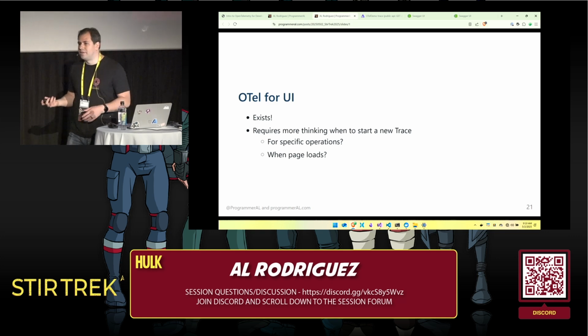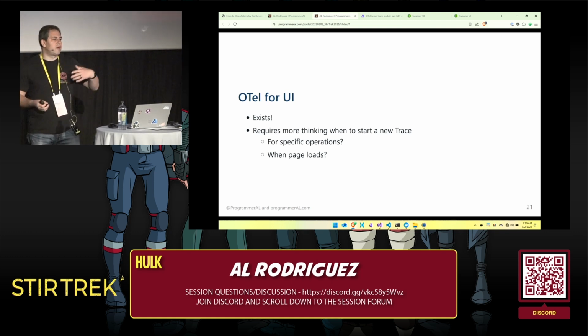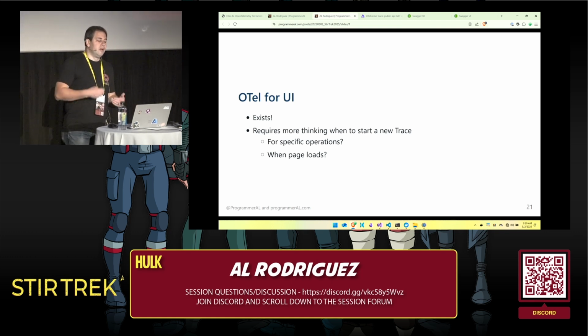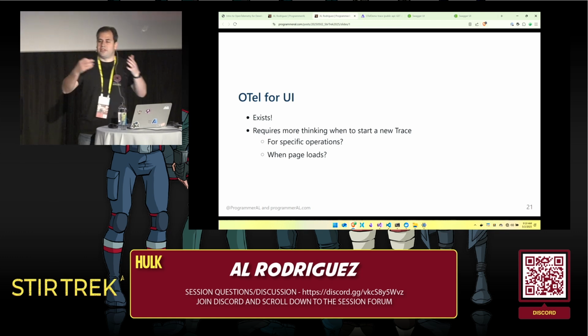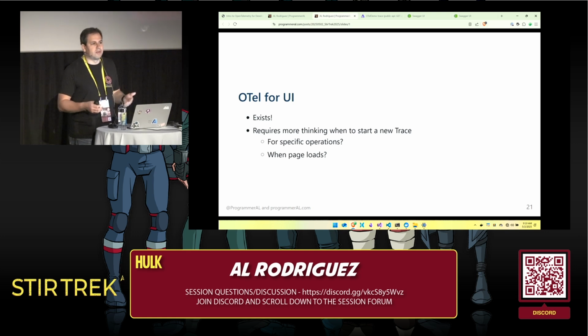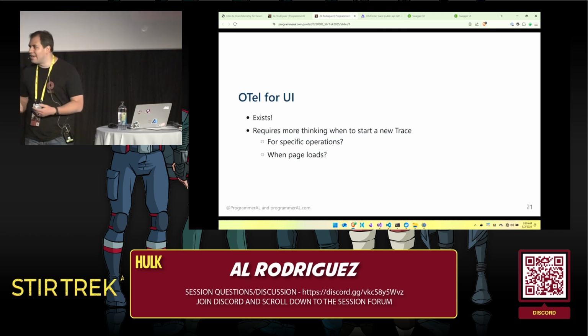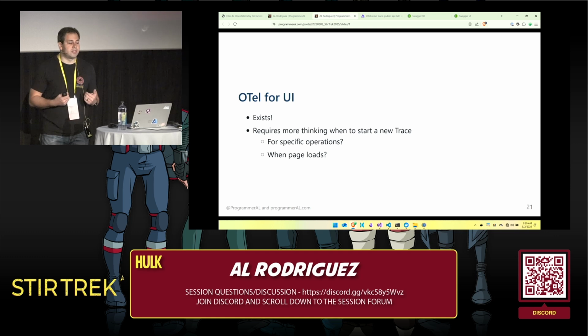Basically, this is the last slide of information. I do want to call out, the entire time I was talking about OpenTelemetry, I was talking about it from the perspective of the backend, right? Requests come into your system, and then they go to other backend services. OpenTelemetry for the UI does exist. Personally, I think it's a little bit harder to think about from the perspective of when you start that trace, right?